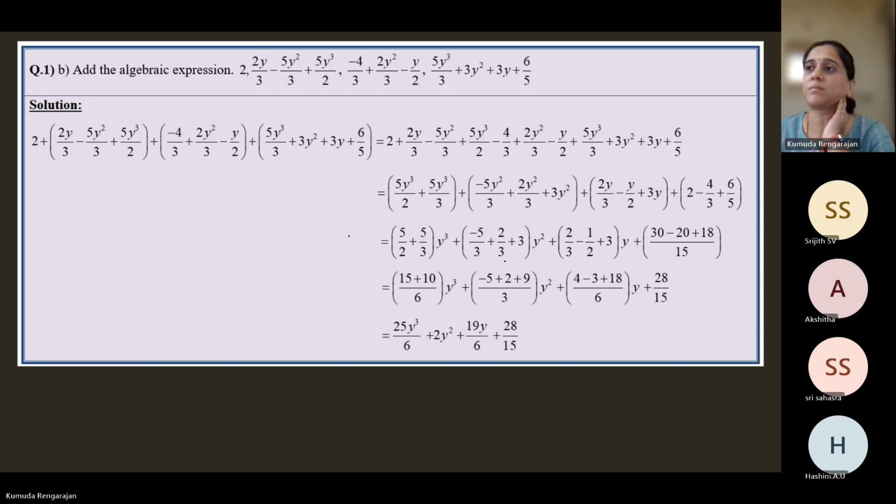Okay, good. You should simplify. Navneet, what is that? Minus 5 plus 2 is minus 3. Minus 3 plus 9 is 6. When you simplify this, you get 6/3, which is 2. 2y square.